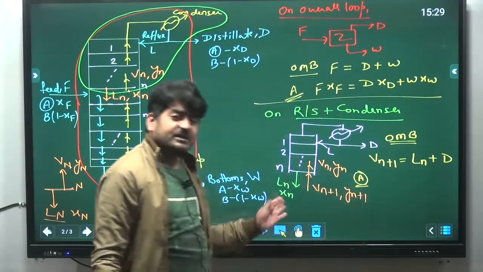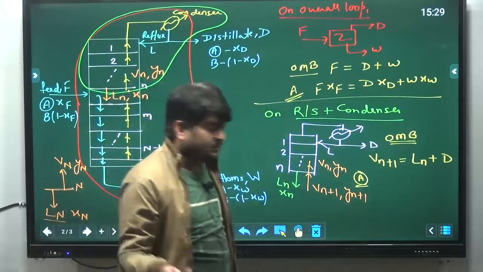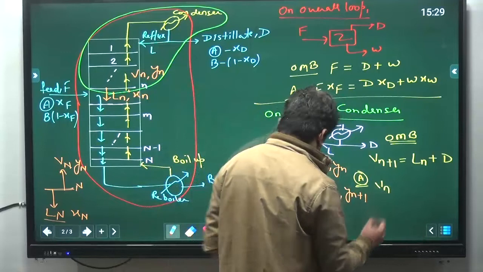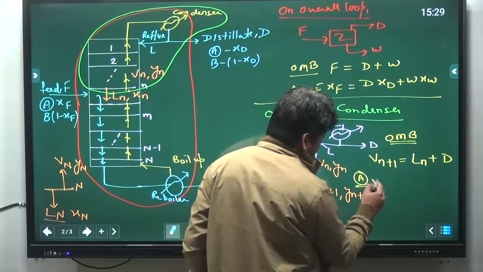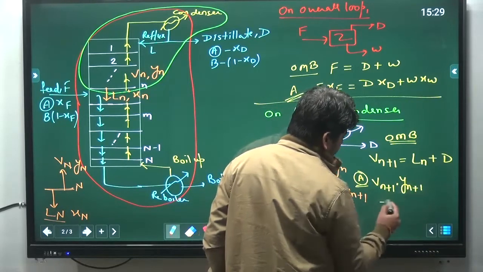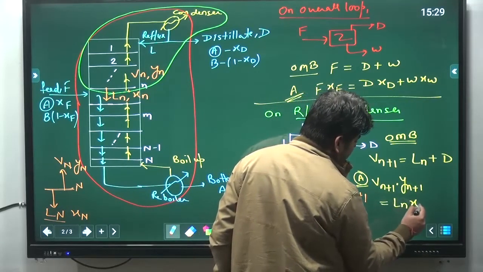Now similarly you can do the component balance for A. All these are the mole fractions for A, the desired component. So total A in equals total A out.